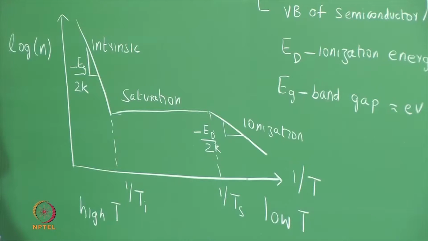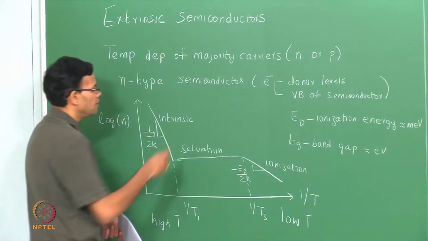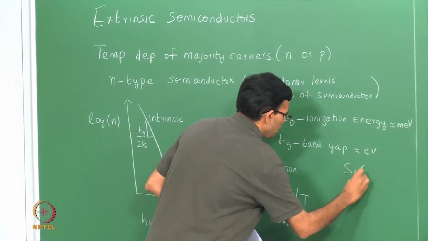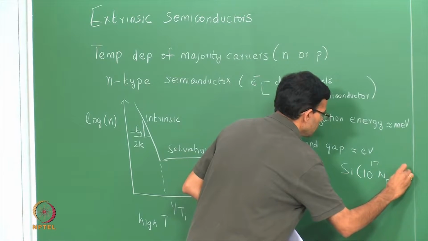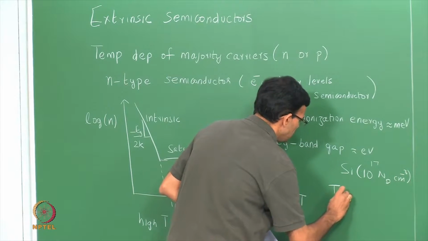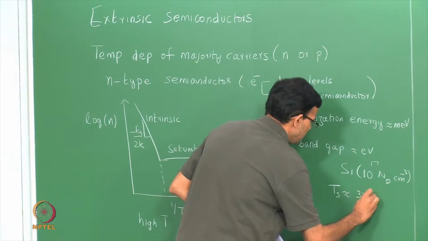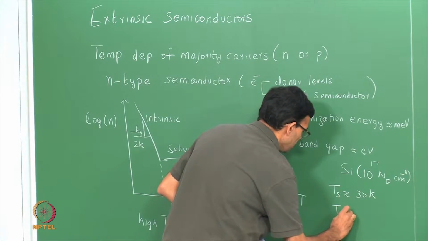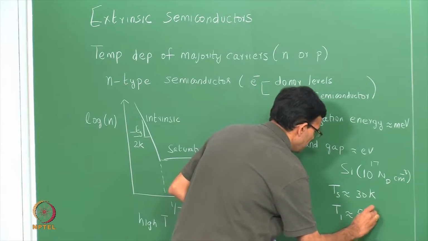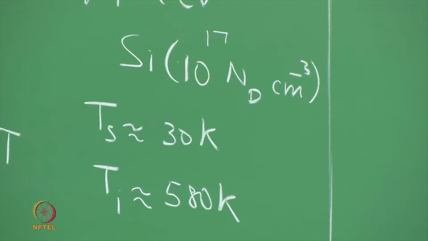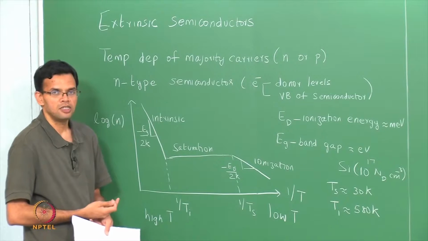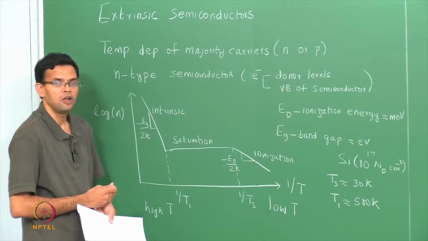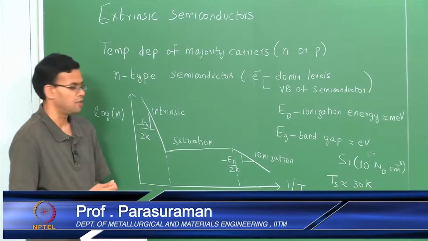We did some calculations for the value of Ts and Ti in the case of silicon with 10 to the 17 donor atoms, and we got a value of Ts that was approximately 30 Kelvin and a Ti which is approximately 580 Kelvin, which means there is a wide temperature range where the concentration of the majority carriers is nearly a constant and it is equal to the concentration of your donor or your acceptor.